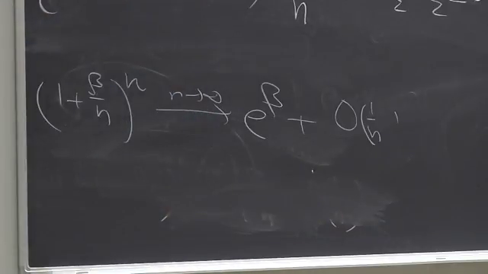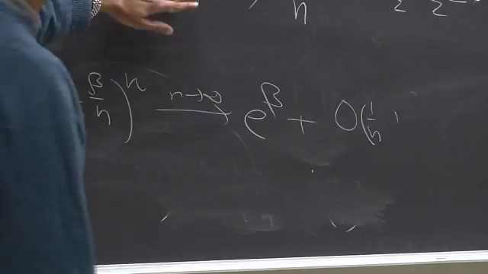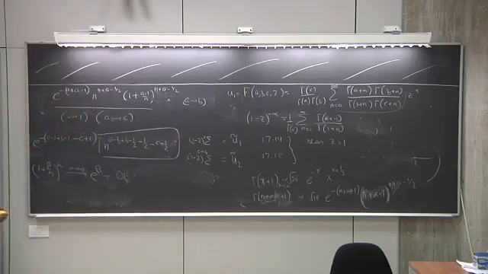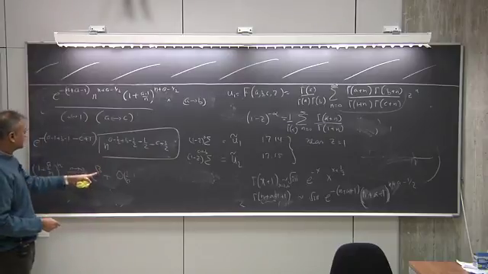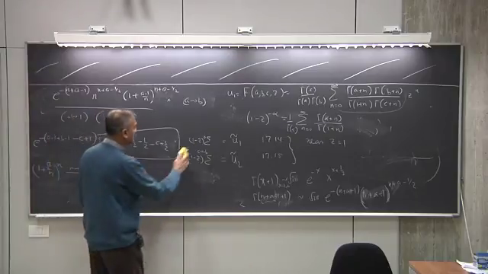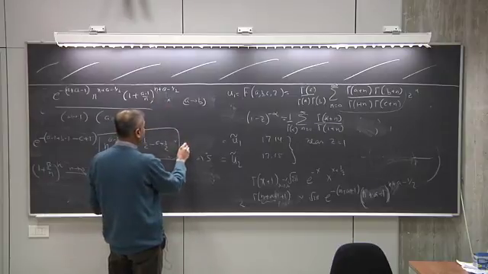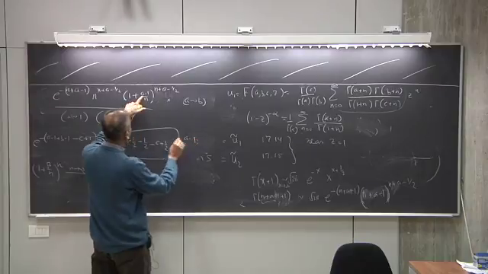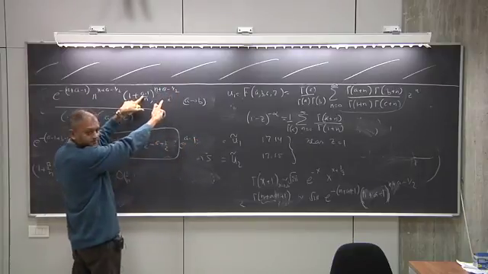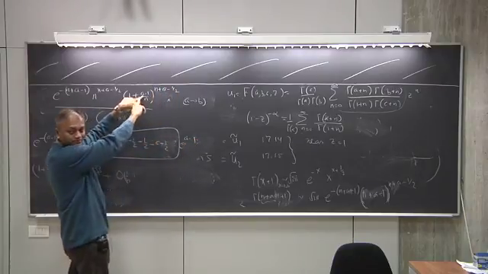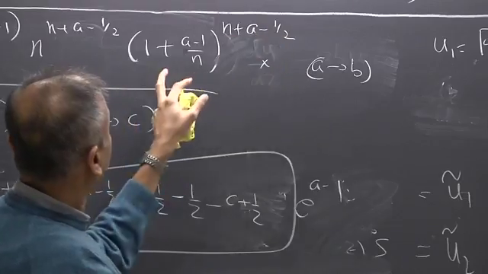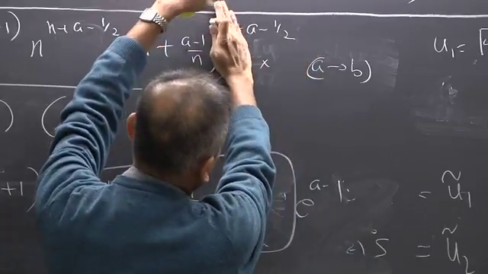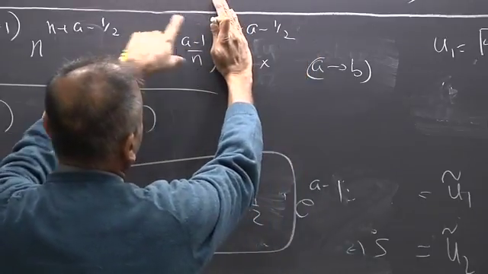Okay. So as I said, ignoring all the constants, this is what we get. The n behavior is that. Actually, the leading behavior is that, so you can even keep that. So what we have from here, you get e to the a minus half. From here, a minus 1. These are not important. The only important point is the n, because as n goes to infinity, if you forget the n, this is just 1.